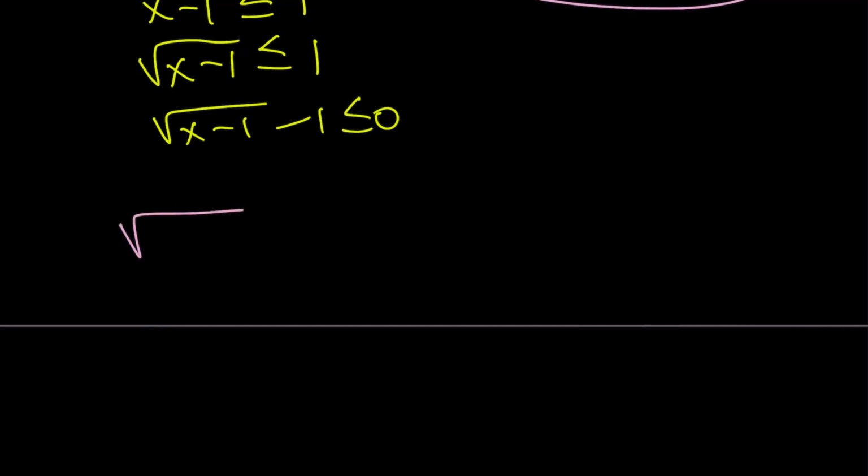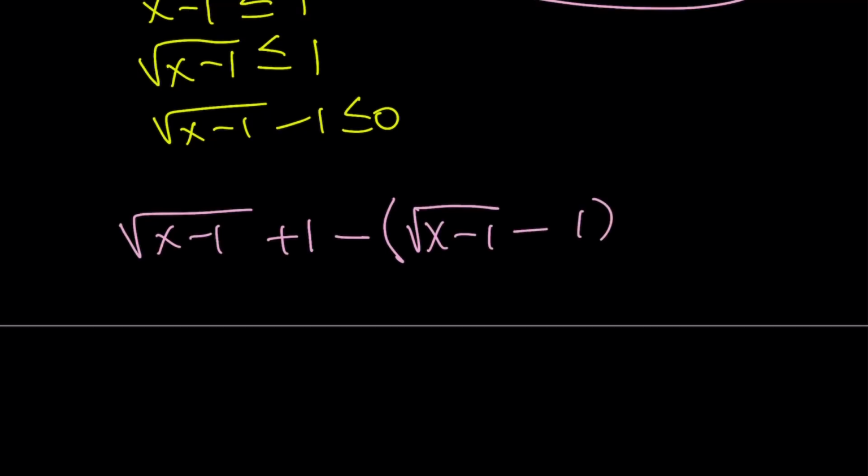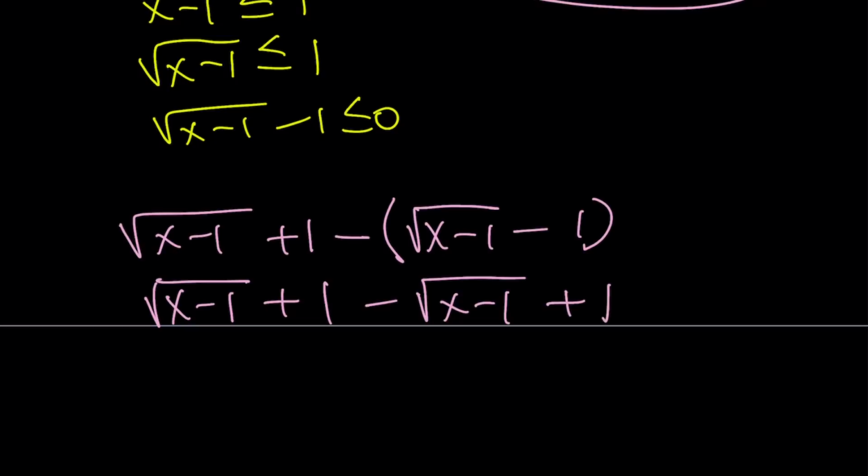So I have square root of x minus 1 plus 1 plus, but that's a negative sign, so let's go ahead and put a minus sign here and write the second expression in parentheses. Make sure to do that. And this is going to be the answer, right? So let's go ahead and simplify it. Square root of x minus 1 plus 1 minus the square root of x minus 1 plus 1. The radicals cancel out, leaving us with 2 as the final answer.